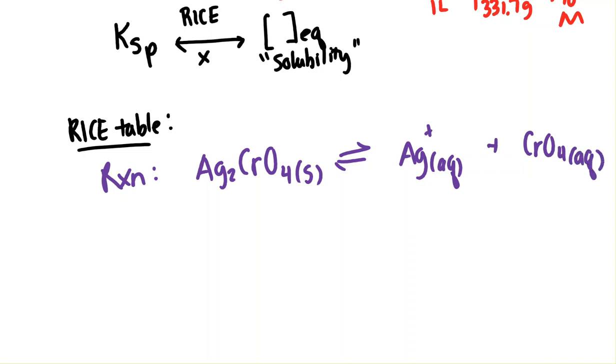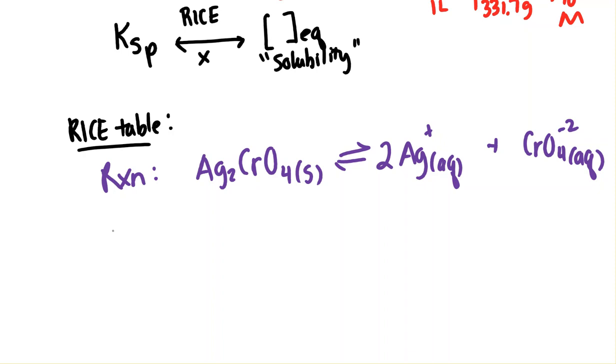We need to watch our coefficients here, because we're going to use those coefficients to get our algebraic expression and so forth. So this had 2 silver ions, so I need a 2 there. 1 chromate. And technically we should show a charge. Okay, so that is our reaction.